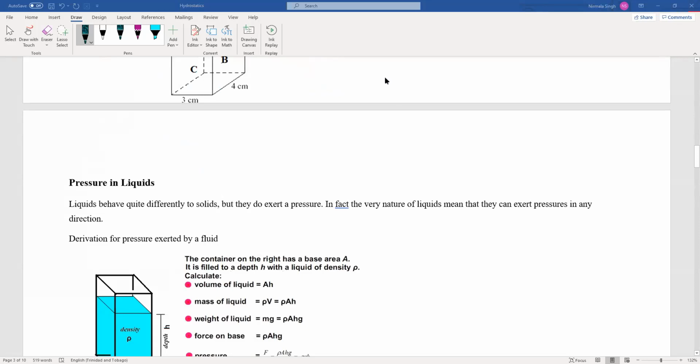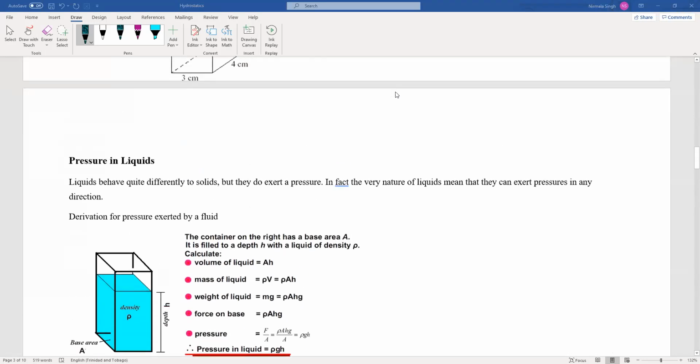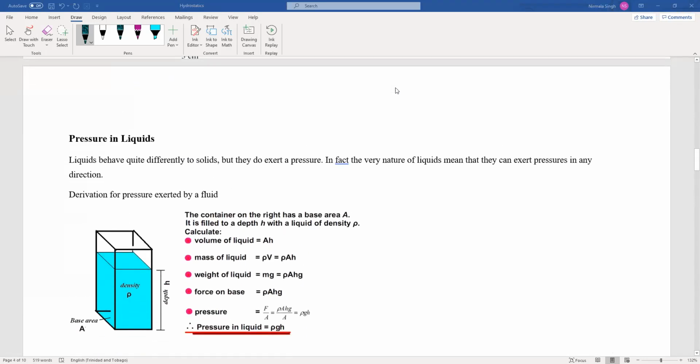So we have pressure in liquids. Liquids behave differently to solids. But they do exert a pressure. In fact, the very nature of liquids means that they can exert pressures in any direction. So the difference between liquids and solids, right? Solids can only exert a pressure downwards.